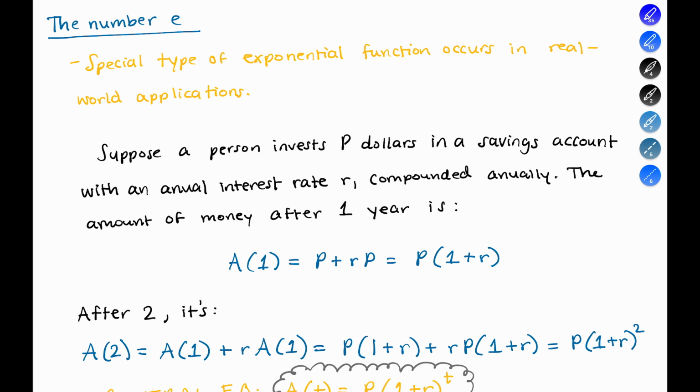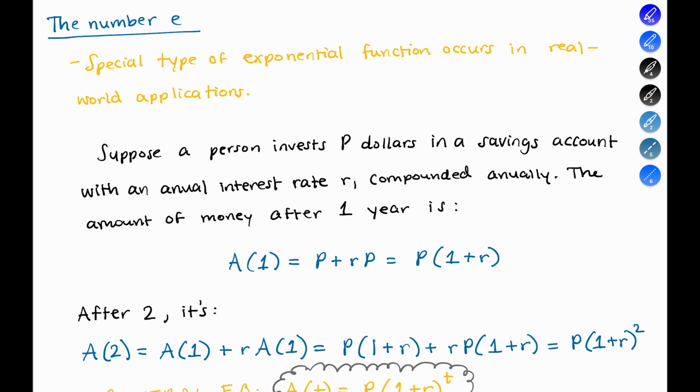Now let's take a look at the number e. There are special types of exponential functions that occur in real-world applications. And to look into it further, we're going to go through an example problem. The problem reads, suppose a person invests P dollars in a savings account with an annual interest rate R compounded annually.